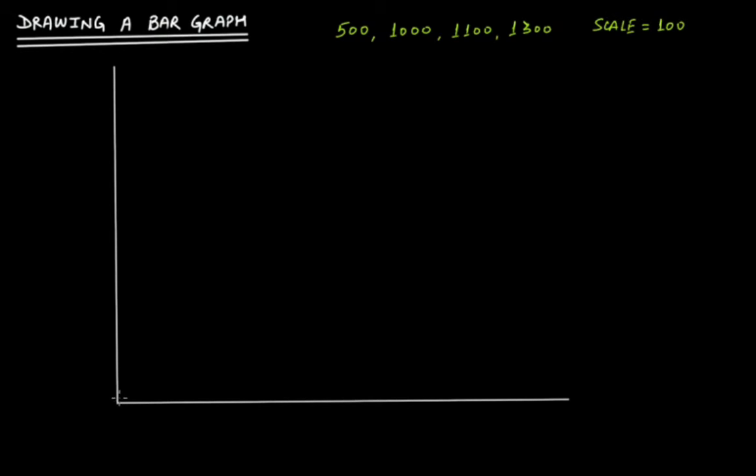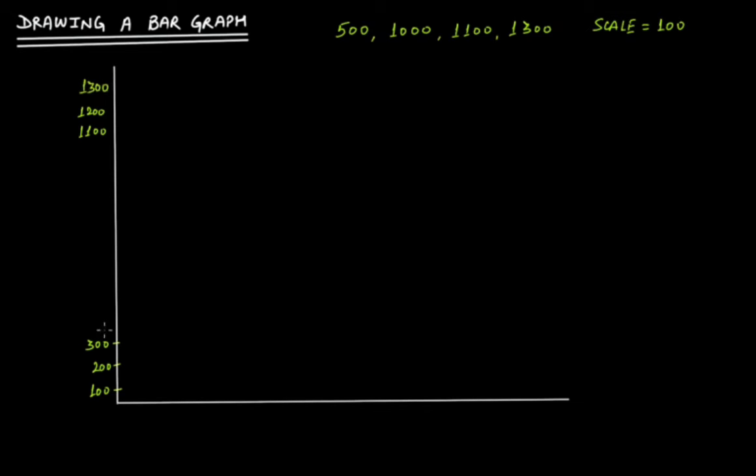So if you make our scale of 100, then 0 is here, then 100, then 200, then 300, and all the way up to, in this case, 1300. Let's suppose that 1100 comes here, and 1200, and then 1300.